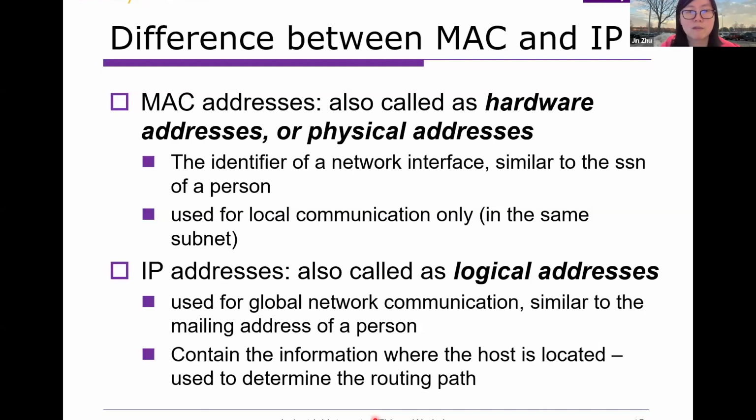It serves as a global network address for global communications, for the internet. The IP address needs to contain the information about where the host is located, because it is used for routing, to determine where I can send the mail. That's the difference between IP addresses and MAC addresses.